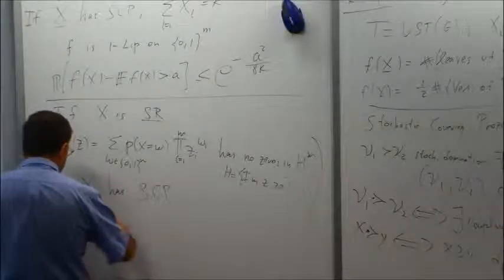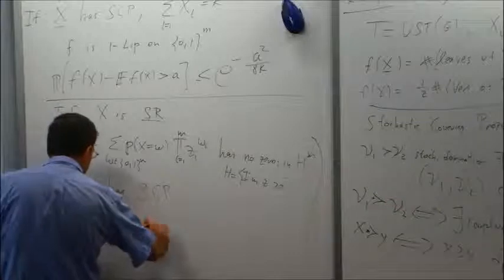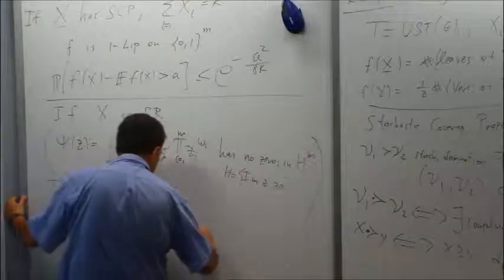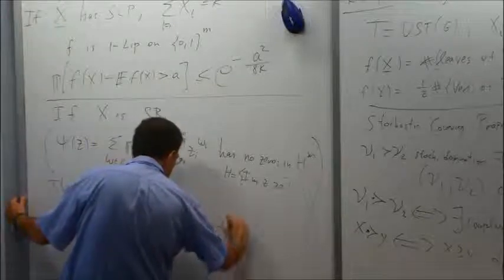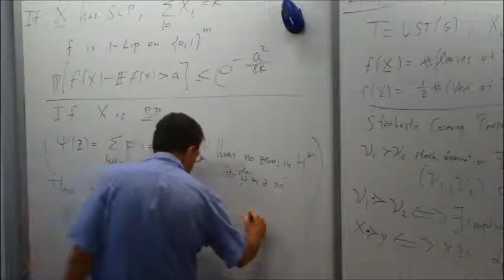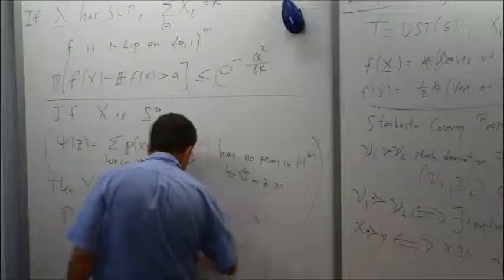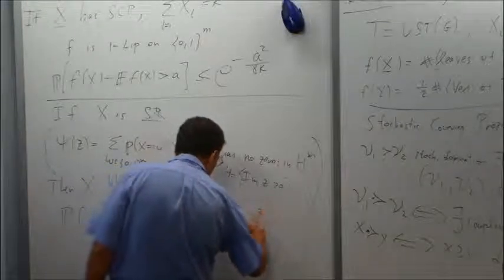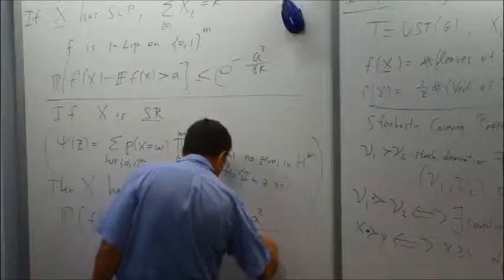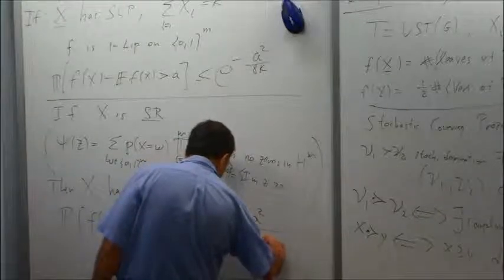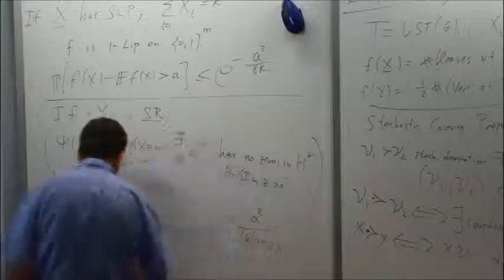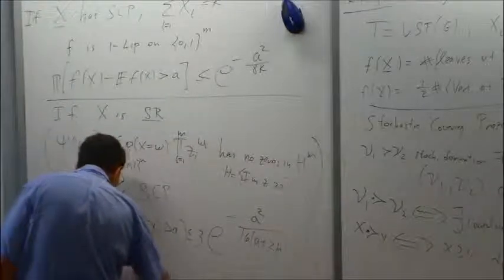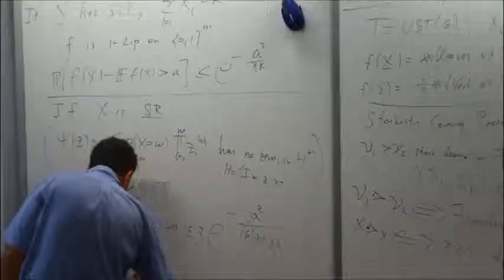So the probability that f of x differs from its expectation by more than a is bounded by 3 e to the minus a squared over 16 (a plus 2 mu), where mu is just the expected number of bits that are on.